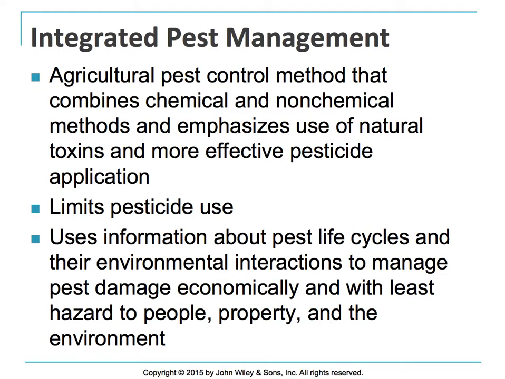Another example of integrated pest management, I've had issues with cucumber beetles in the past. These are beetles that you see a lot on crops like cucumbers, zucchini, squash, and one thing that cucumber beetles don't like are nasturtiums. Nasturtiums are an edible flower that you can grow in your garden.